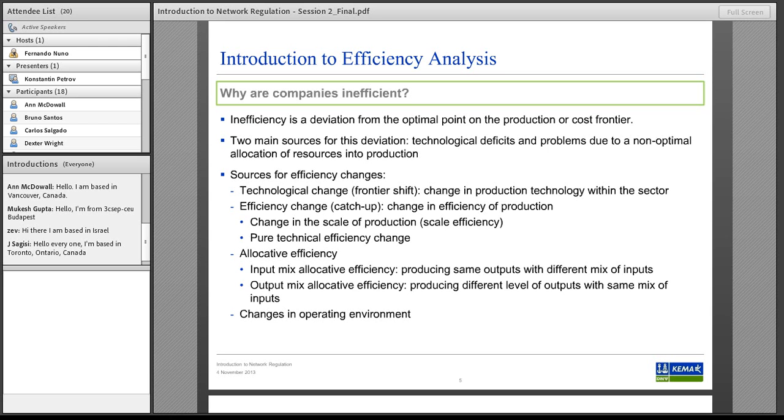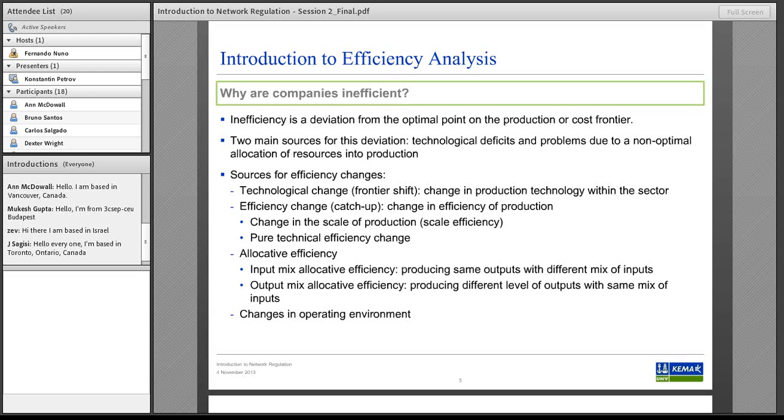And in this case, either using less input to produce the same level of output, or using the same level of input but increasing the level of output. In this case, we're talking about so-called pure managerial technical efficiency, and there could be also another effect under this efficiency change, the so-called scale effects. Scale of production can have also an impact on efficiency or inefficiency.